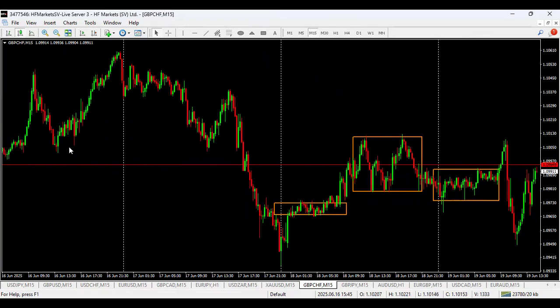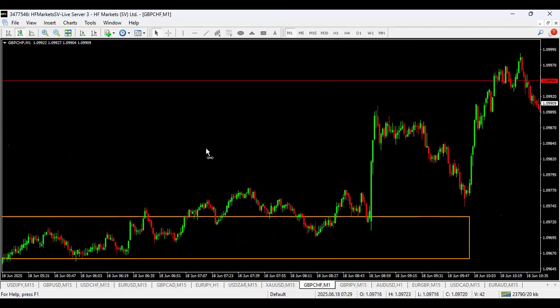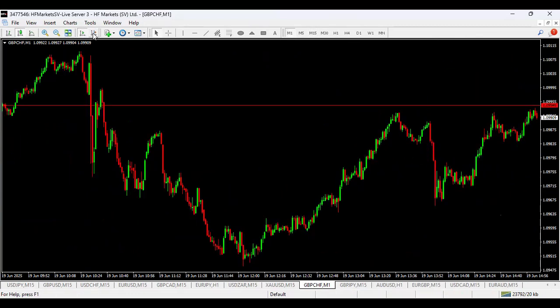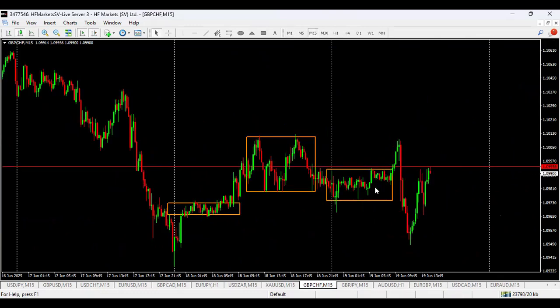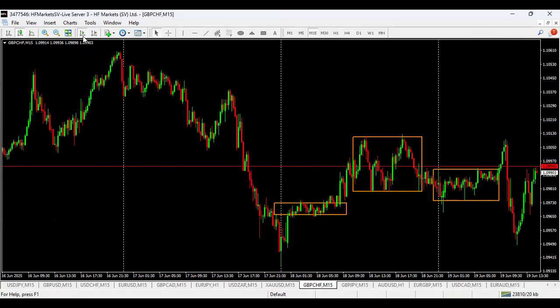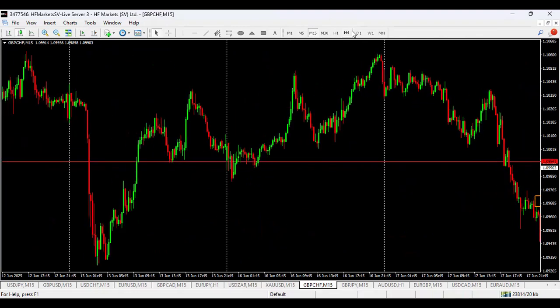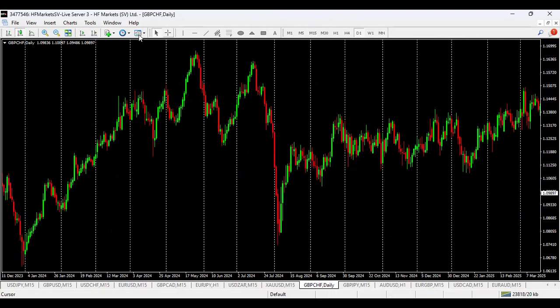You can see how price moves in real time. This is the 15 minutes time frame. If you go to the 1 minute time frame, at least here the candles would print faster. Okay, so let us observe higher time frames.